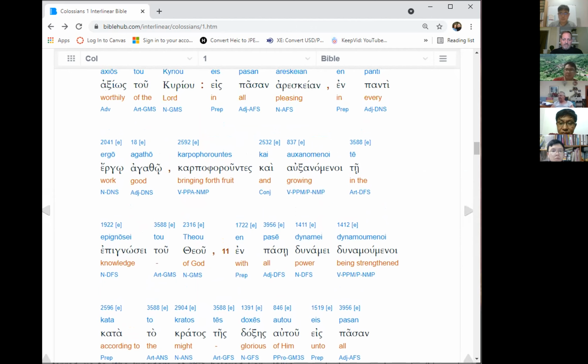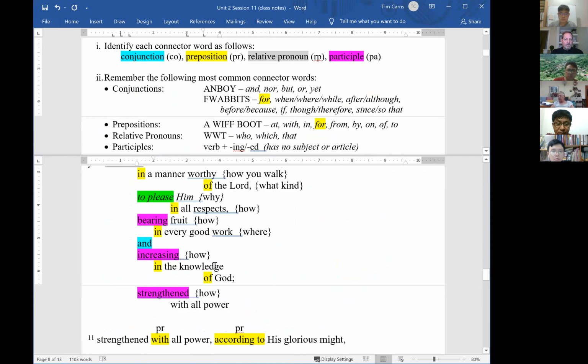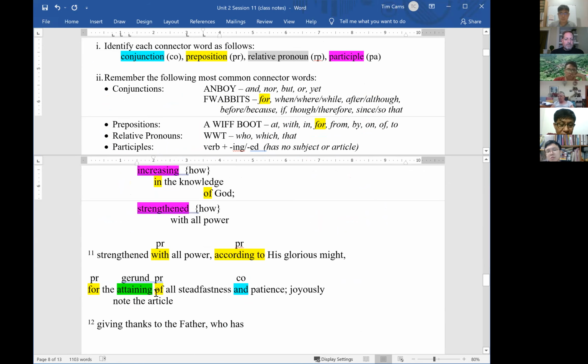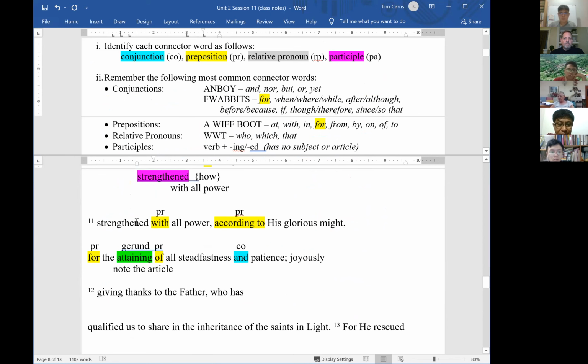All right, that's extra stuff. For now, what we can do is just when we look at the English word in the text, we can ask ourselves, is there a subject or is there an article? And in this case with strengthened, there is not. So that is a participle with that ed ending.